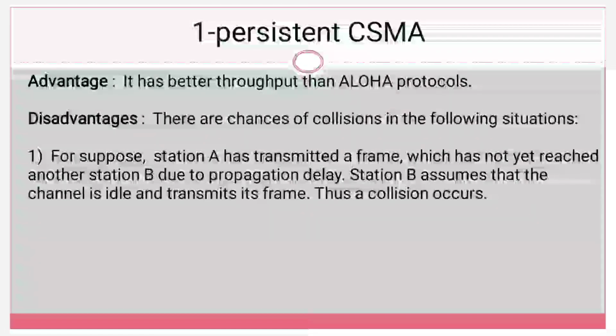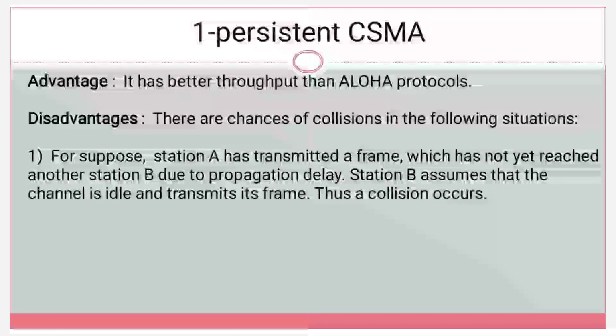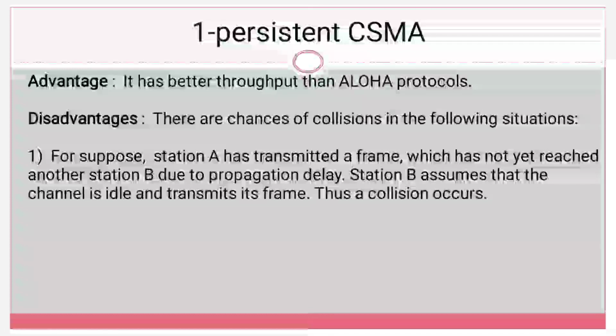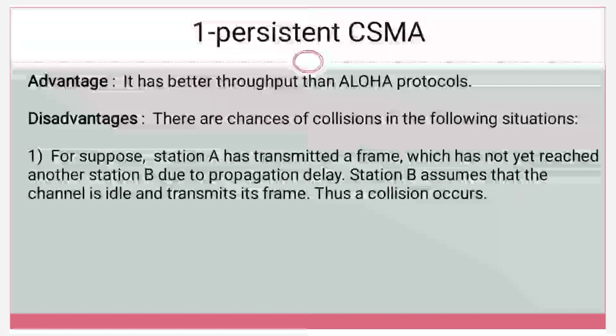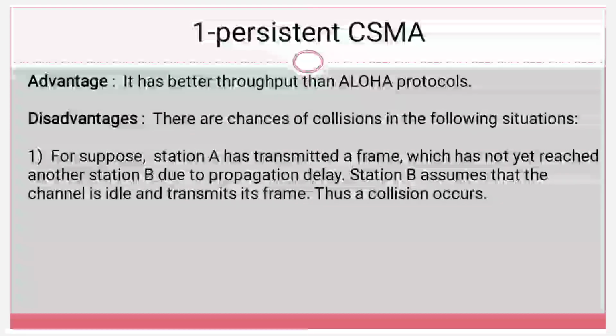B assumes that the channel is idle, because although station A already transmitted, the data has not reached station B. So it simply transmits its frame. Station A already transmitted the packet and station B also transmits the packet, so it leads to a collision due to the propagation delay. This is one case for chances of collision.